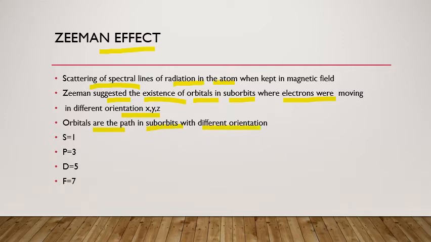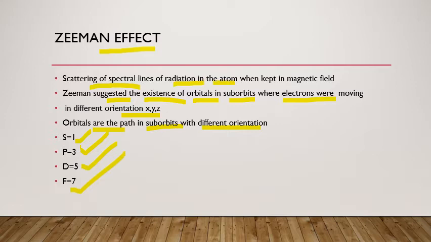Like the s orbital, which is spherical, so it has only one orientation. It is dimensionless, but the p orbital has three. For the d we have five orientations. For the f we have seven orientations.